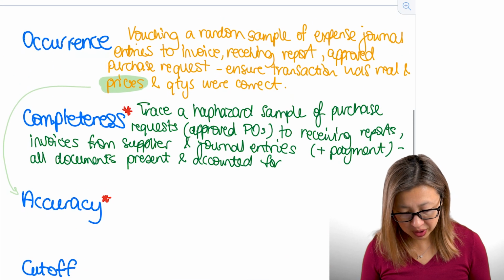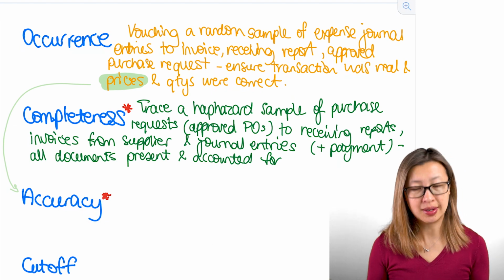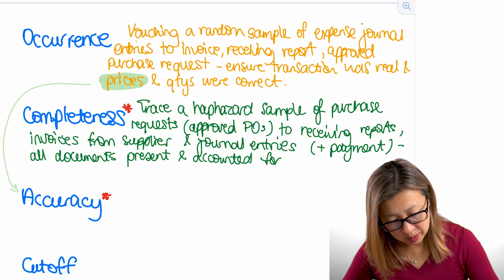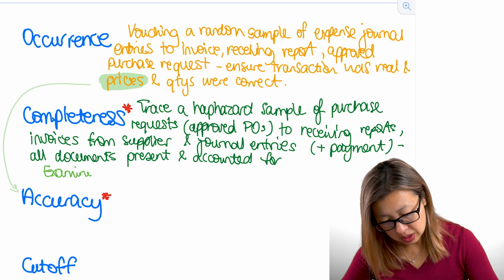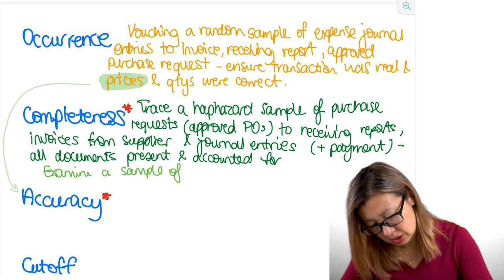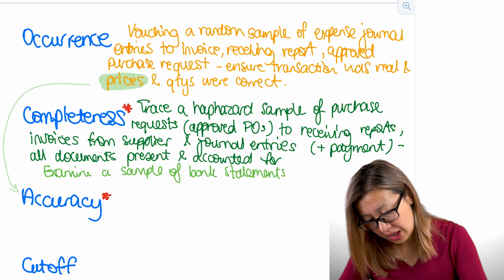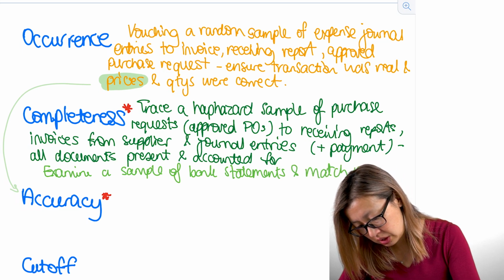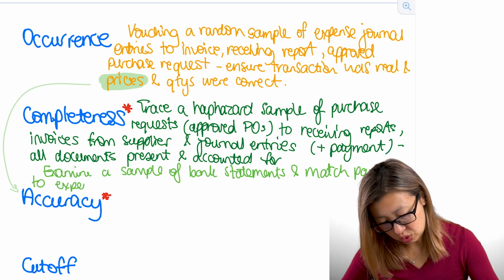Now, if you're also worried about completeness, but you think, oh, well, what if they've destroyed the purchase requests? The other thing that you can do is examine a sample of bank statements and match payments to expenses or purchases.